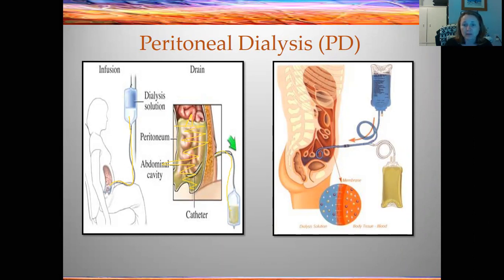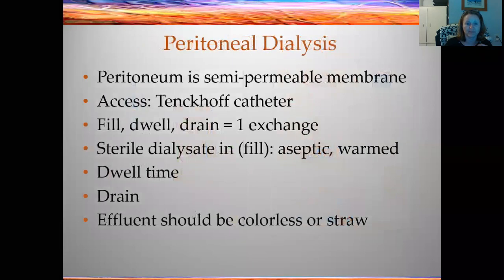So let's go to the next slide to talk more about that. As I said, that peritoneum is a semi-permeable membrane. The access is a Tenckhoff catheter. That's what we call the tube that is that abdominal access into that peritoneal cavity.